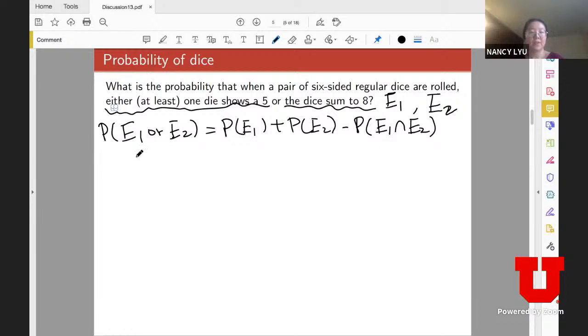Okay, so why don't we just write this out. Let's first find out the probability of E1, where E1 is that at least one die shows a 5.